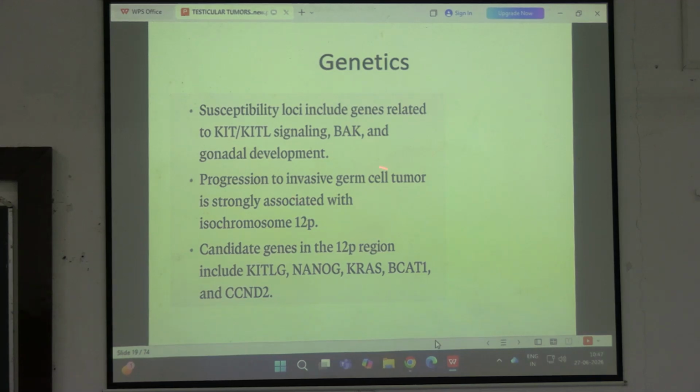So, progression to invasive germ cell tumor is strongly associated with isochromosome 12p reduplication. Okay, small arm of chromosome number 12 reduplication. That is implicated in development of invasive tumor. Why am I saying that?